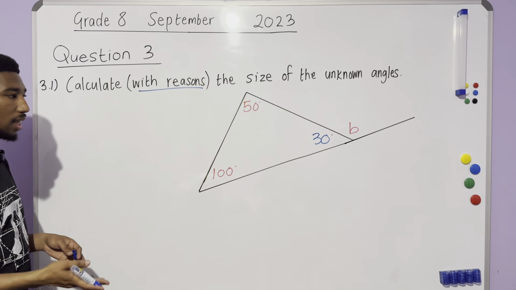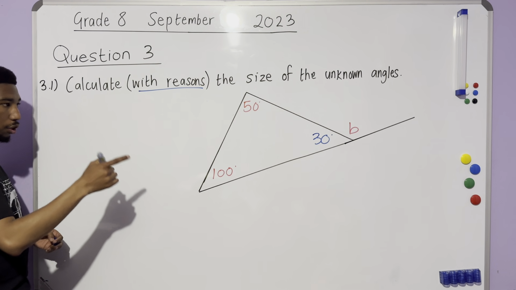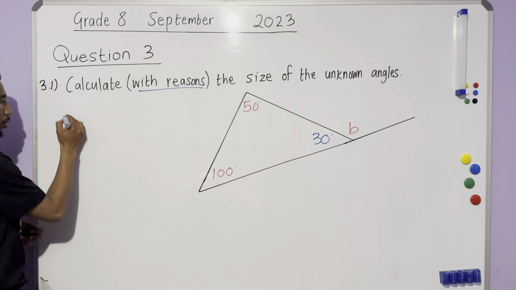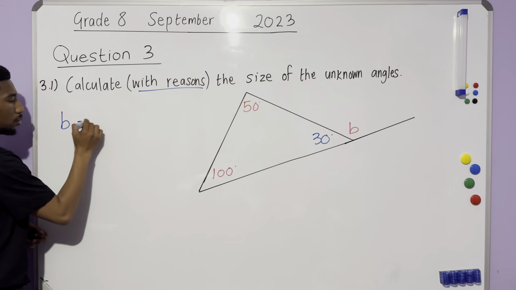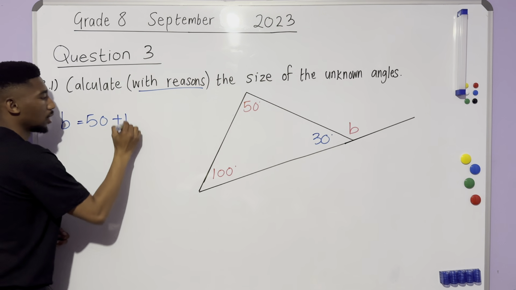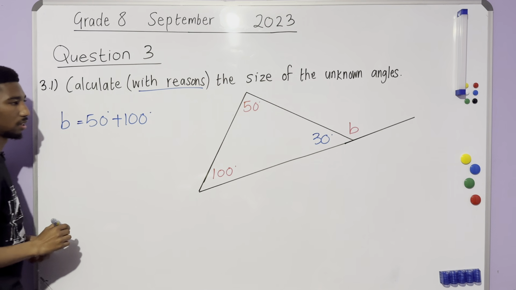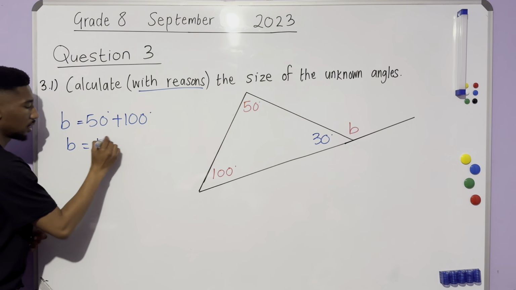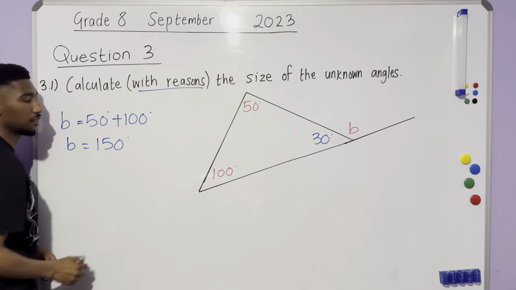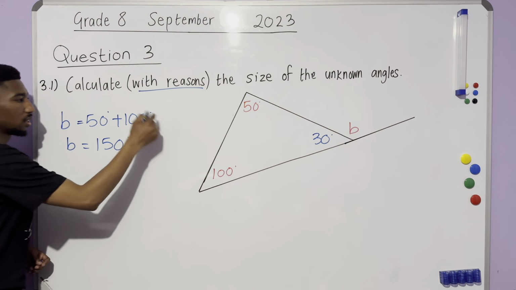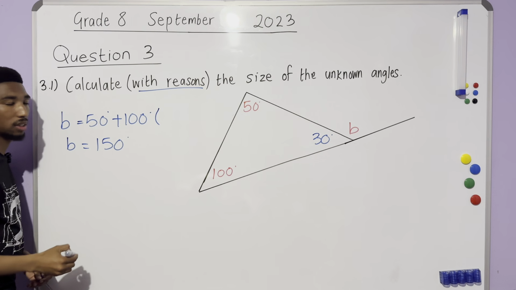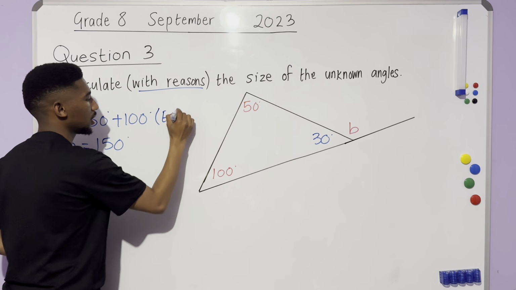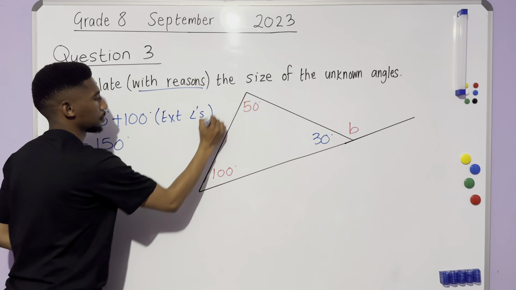So the exterior angle is equal to the two interior opposite angles added. So B is equal to 50 degrees plus 100 degrees. Those are the two interior opposite angles, and B is equal to 150. What's missing over here? Yes, you've spotted it, you've missed your reason. Your reason is exterior angles.